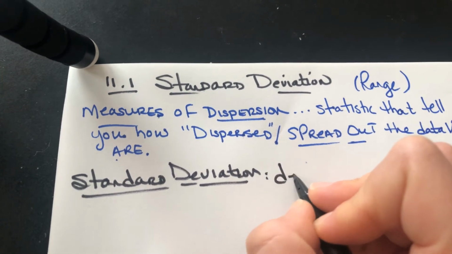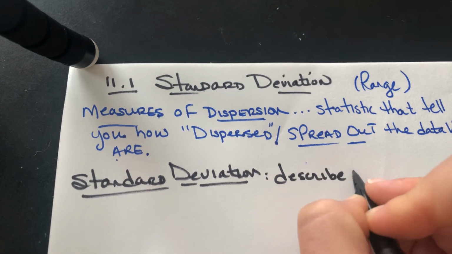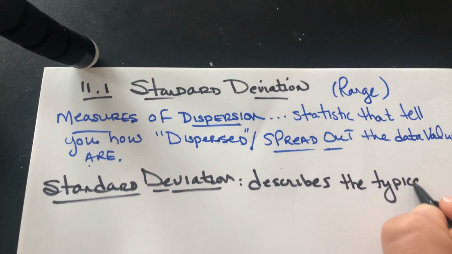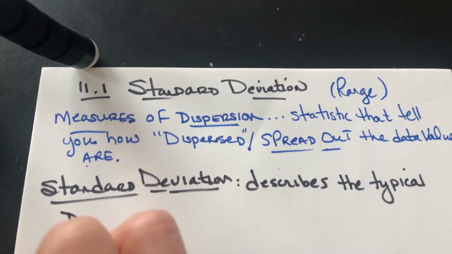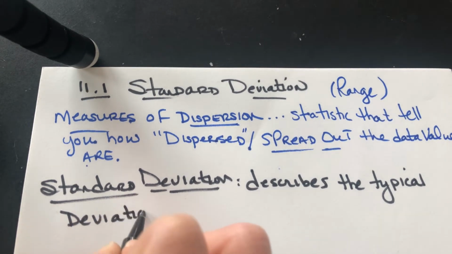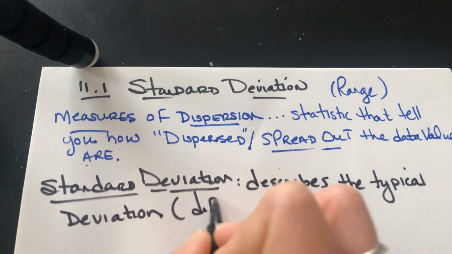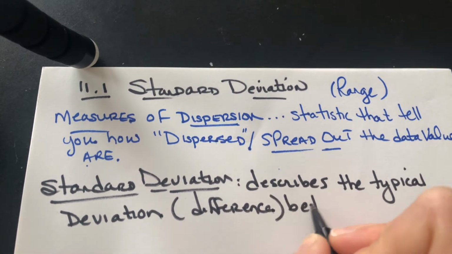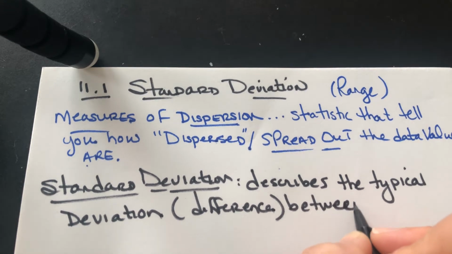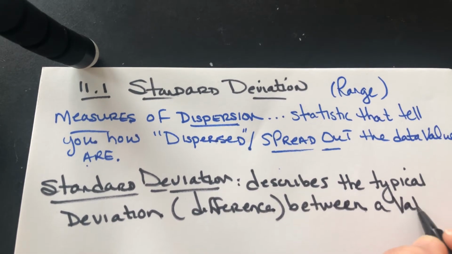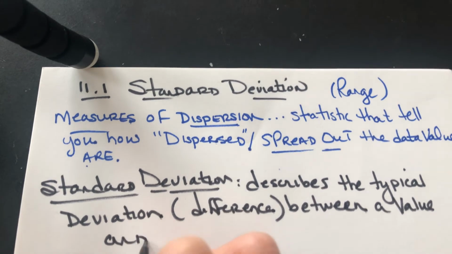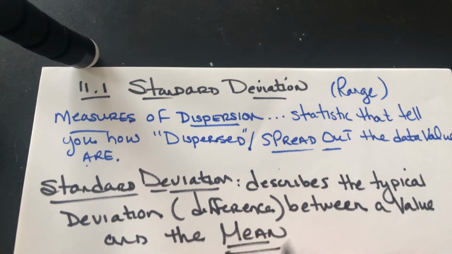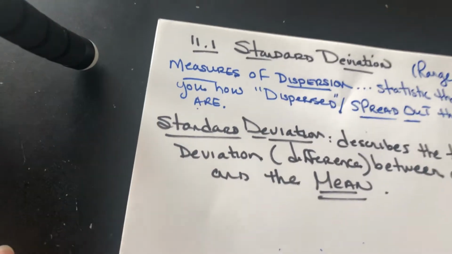What it is, it describes the typical deviation or difference between a value and, here's the key word, the mean. So you're kind of seeing how far away a value is from the mean.